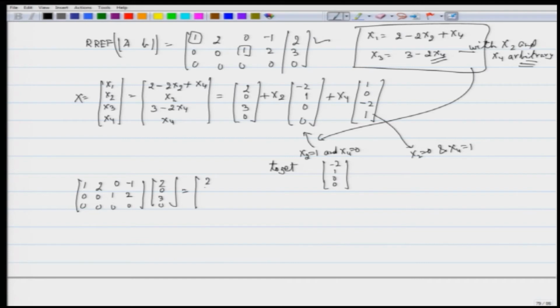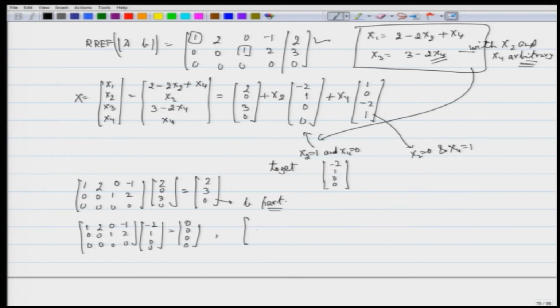So, you get 2 here, 3 here, 0, which is coming from the B part. Fine. What else? 1 0 0, 2 0 0, 0 1 0, minus 1 2 0, this times minus 2 1 0 0 gives me 0 0 0 0.